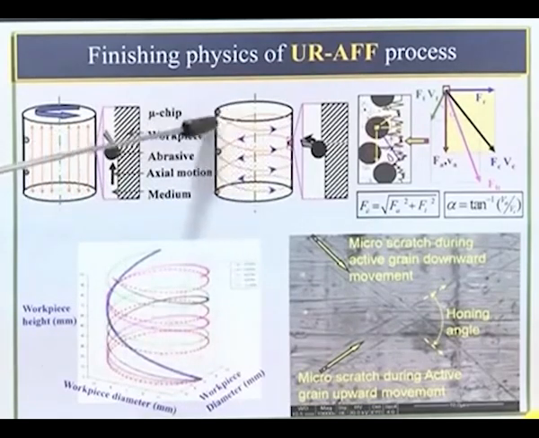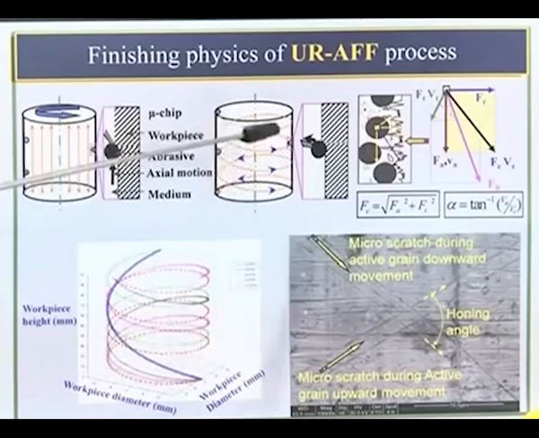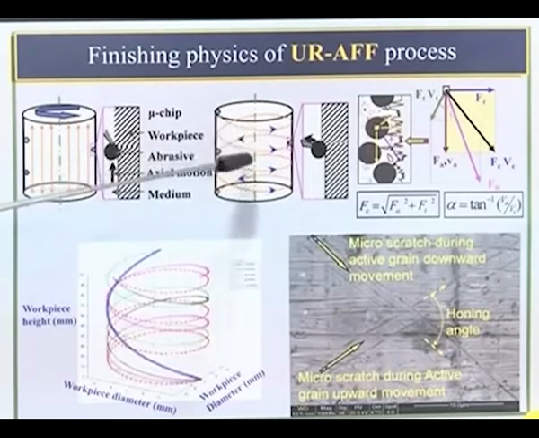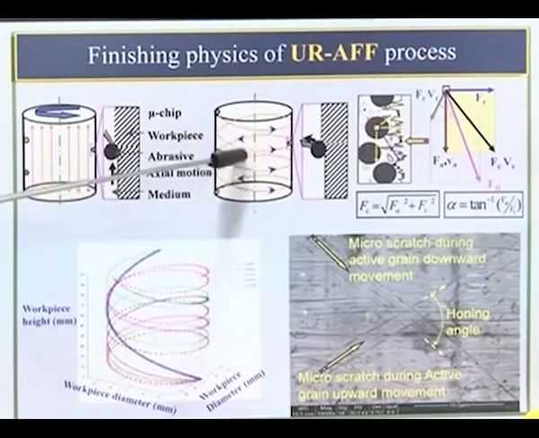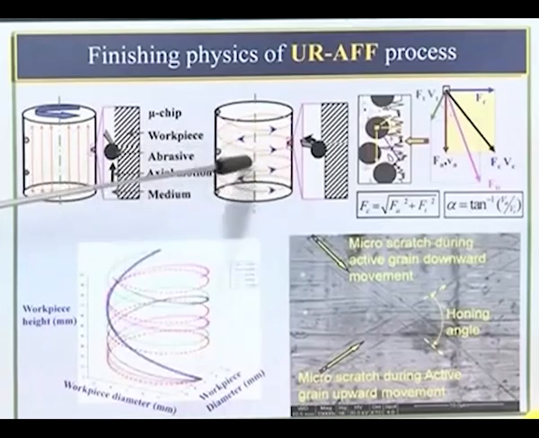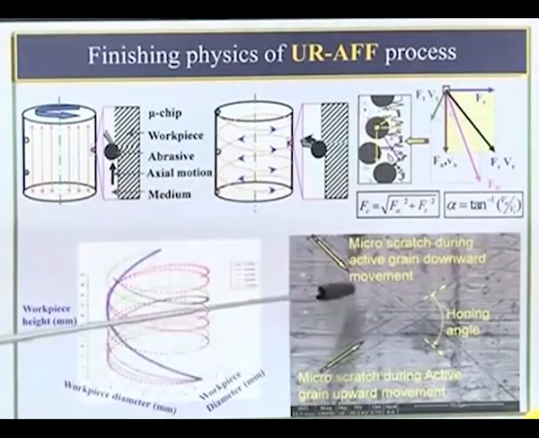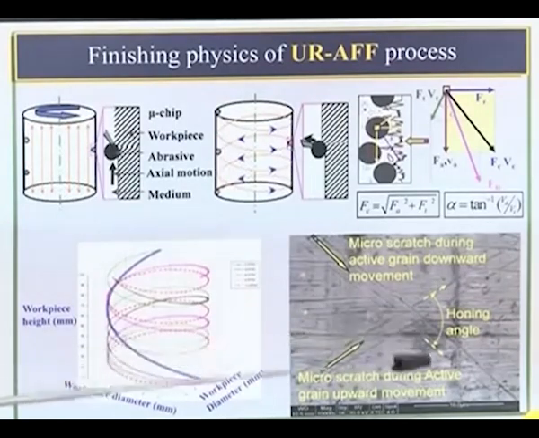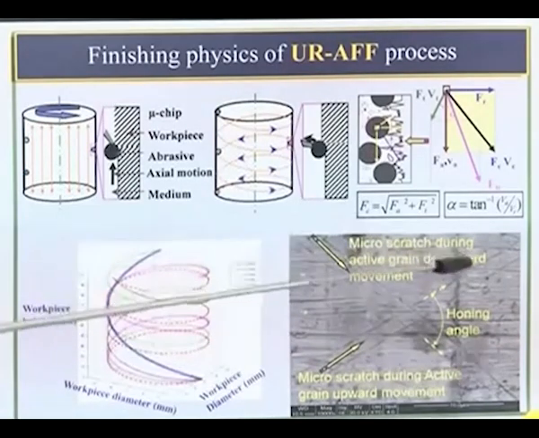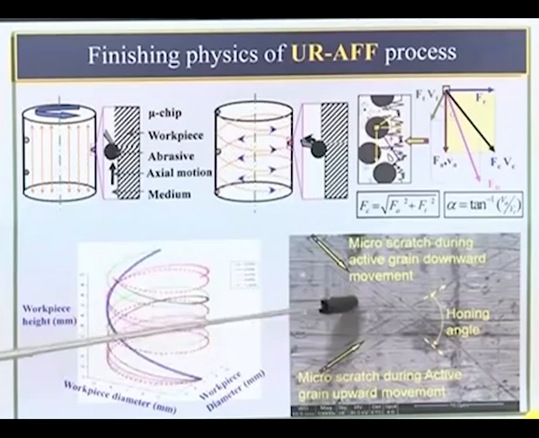So the distance traveled per unit time in rotational abrasive flow finishing or universal rotational abrasive flow finishing process is much higher. So it will encounter higher surface peaks and the finishing rate will be improved. Because of the reciprocational motion and rotational motion of the abrasive, you can see crosshatch patterns on the workpiece surfaces.